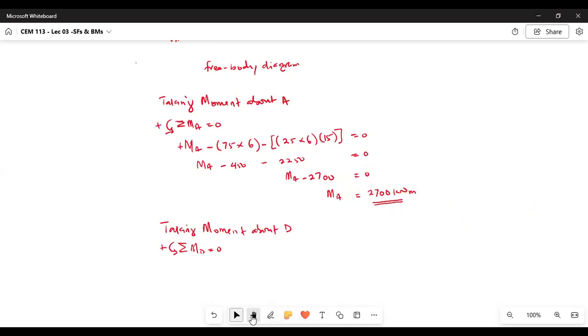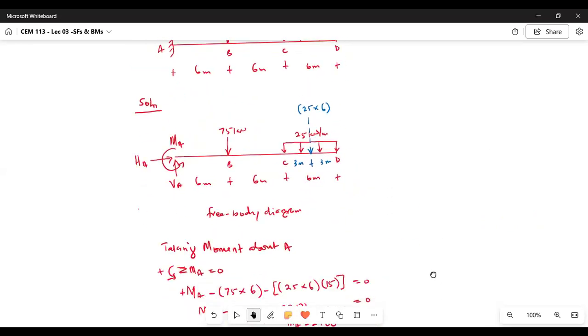So let me, just for all of us to see it again, okay? So this particular problem, you notice that our pivot is here, right? At D. So this one will be anti-clockwise. That will be 3 meters.